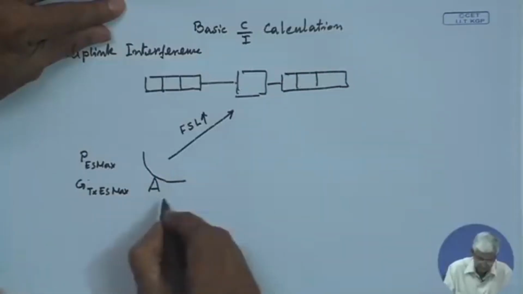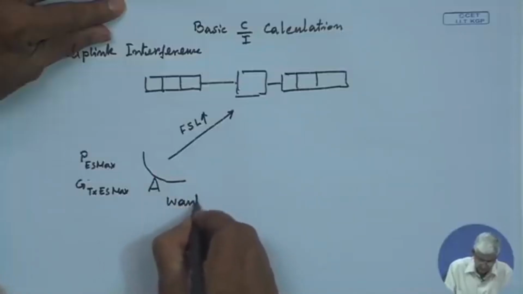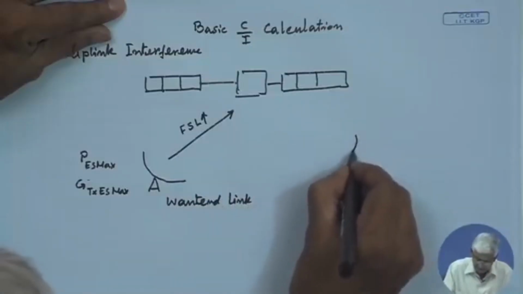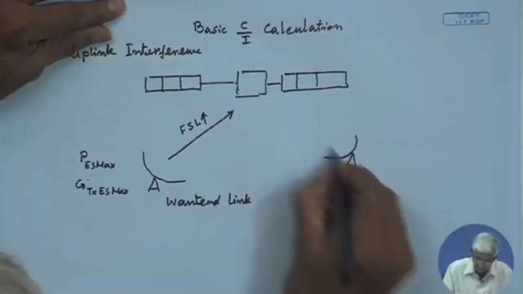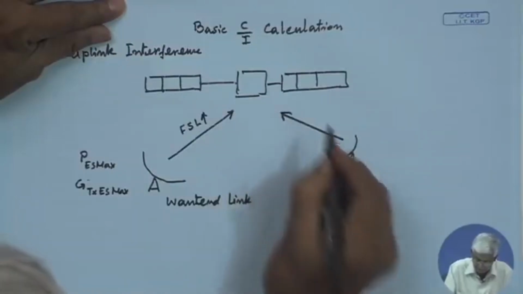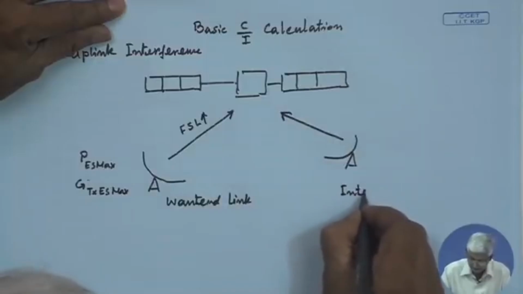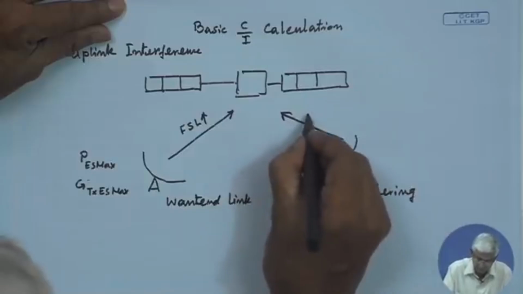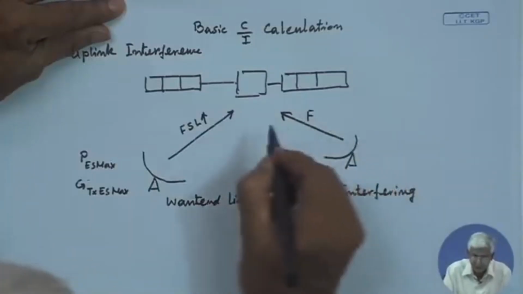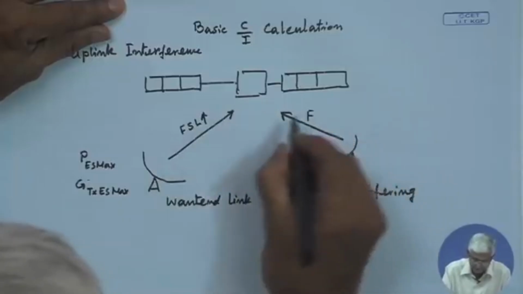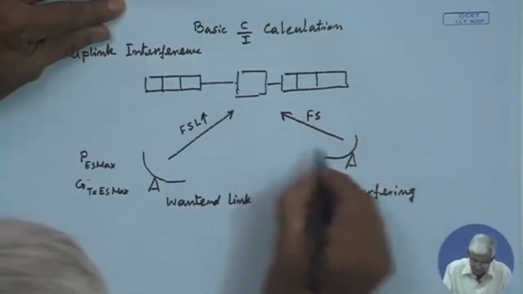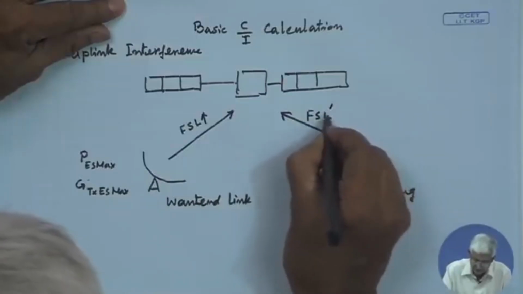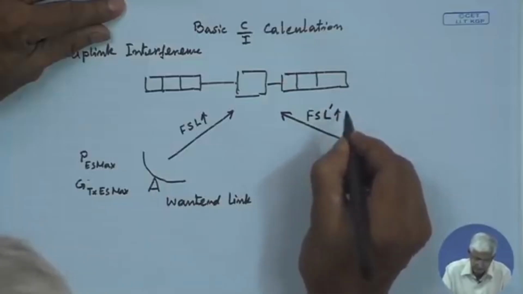This is the wanted link, and there is another station which is interfering. So, it has the same frequency of operation, same bandwidth, it is interfering. Free space loss will be more or less the same, but depending on the range it will vary. So, for the interfering station let us call it FSL prime uplink.